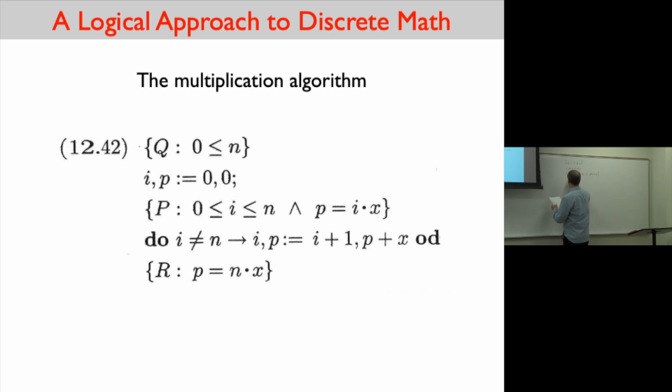And then do. So here's the loop, and the guard is I is not equal to n. And the statement is I, P gets I plus 1, P plus x. And then we end the od. And then R, the postcondition, is P equals n times x.